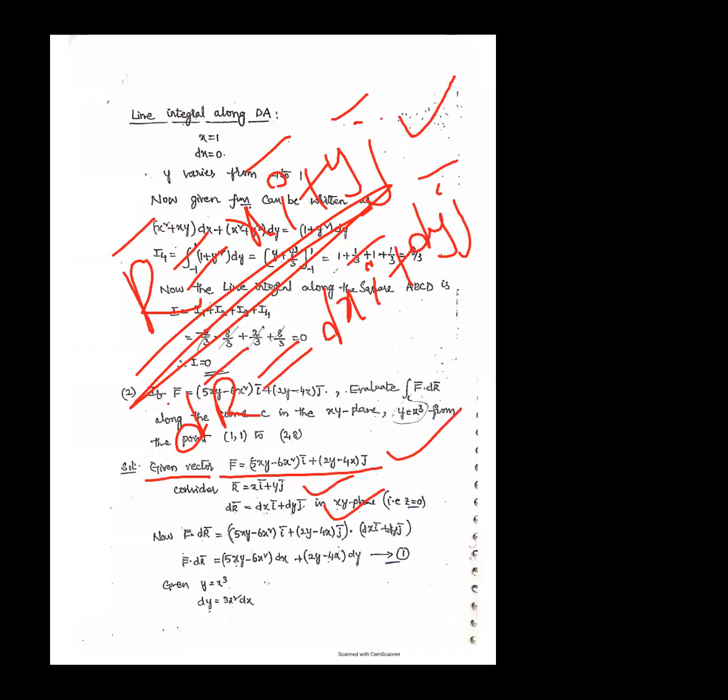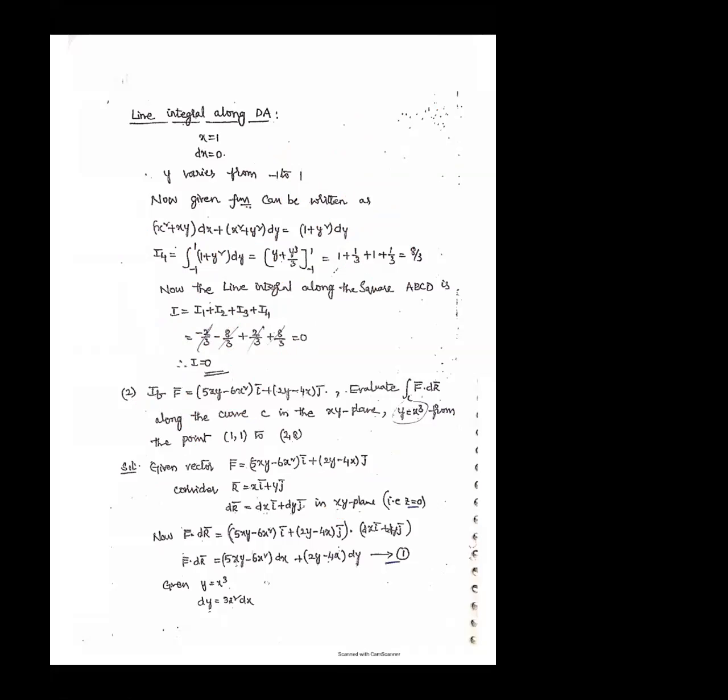Recently, we simplify. So in the xy plane, observe that the statement of the problem says C in the xy plane, so the z term is also 0. F bar dot dr bar: F bar means this value, dr bar means this value.